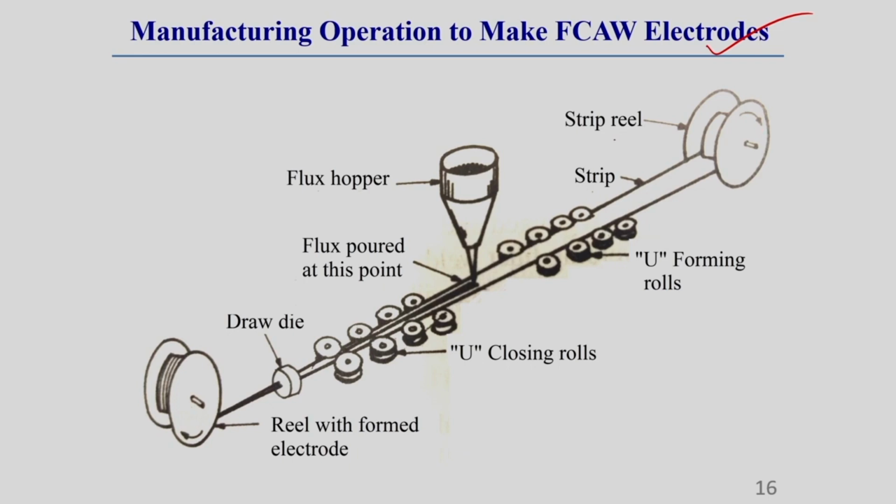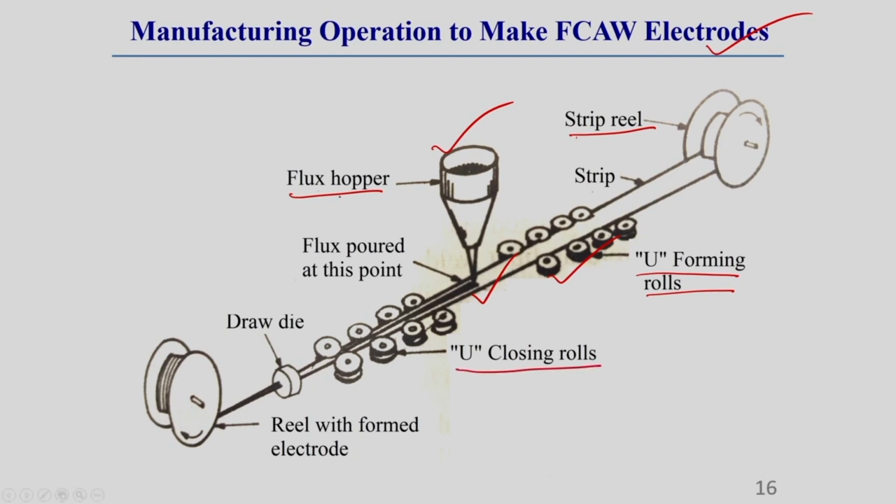First of all, there is a strip reel which winds the strip. Strip means a thin sheet. From this reel, the strip comes out and passes through a roller system called the U-forming roller system, which converts the flat strip to a U form. After that, there is a flux hopper which contains the powder of the flux and alloying elements if required. This system provides the flux into the U-shaped strip.